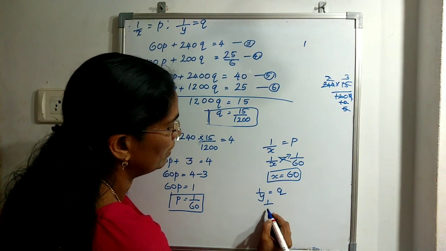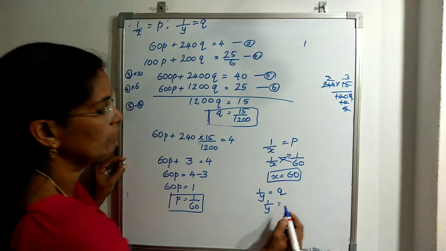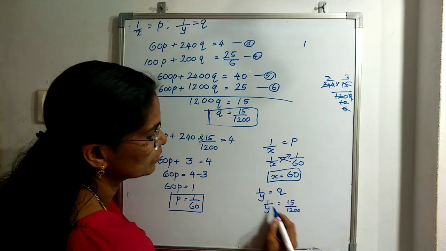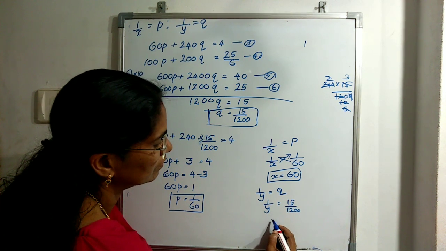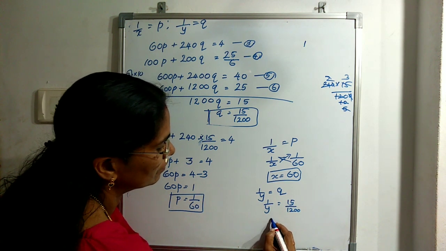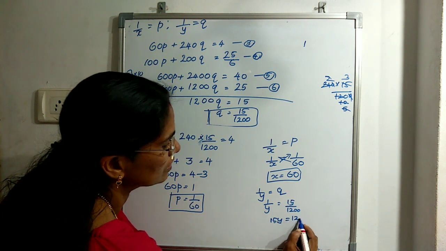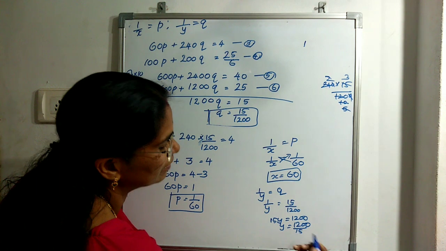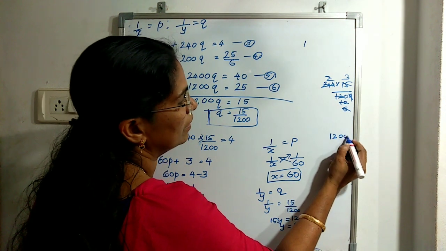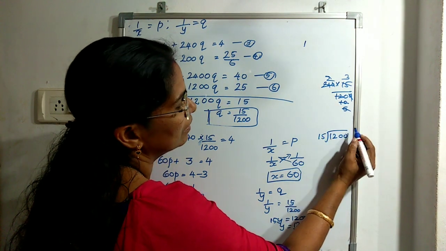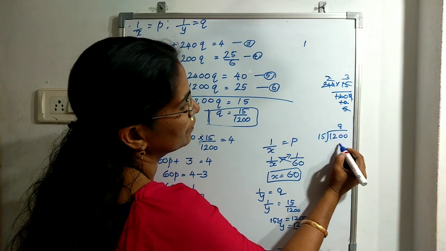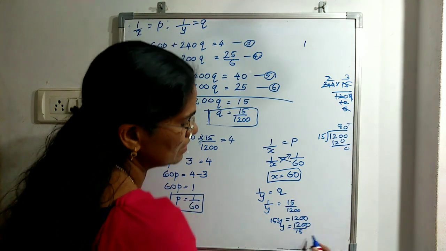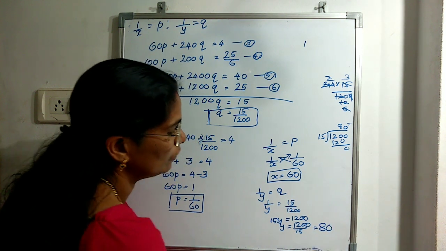So 1 by y is equal to 15 by 1200. Cross multiply. So 15y is equal to 1200, or y is equal to 1200 by 15. See, 1200 by 15, 8 times. So total it is 80. y is equal to 80.